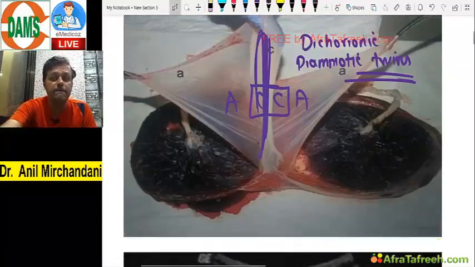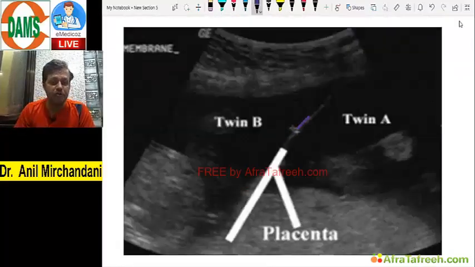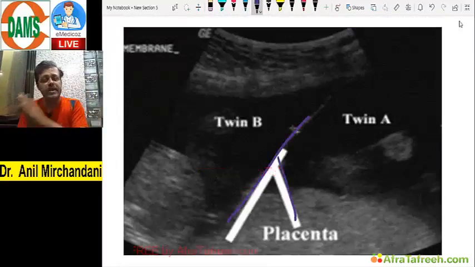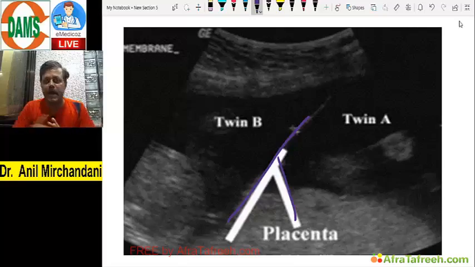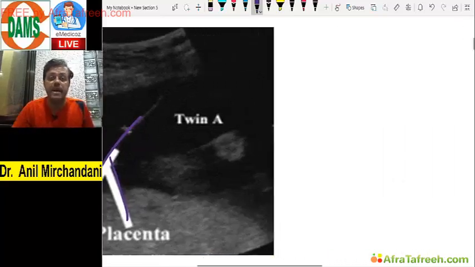This might be given in a question as the ultrasonography finding of a lambda sign. So it might be a question like a 28-year-old gravida 2 para 1 living 1 with ultrasonography showing this picture. This is dichorionic diamniotic gestation, DCDA, and there would be a lambda sign seen.